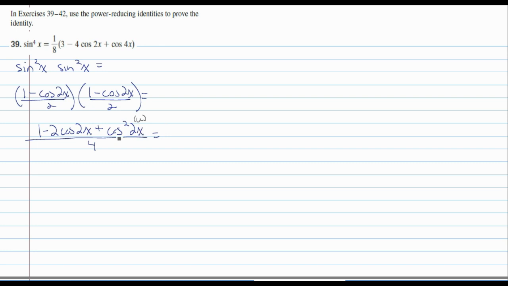So when I plug into my formula for the power reducing expression again, I get in the numerator 1 minus cosine of 2u, and in this case u is 2x, what I was taking the cosine squared of before.